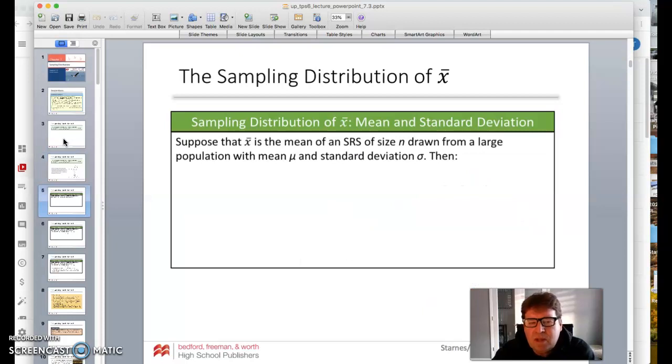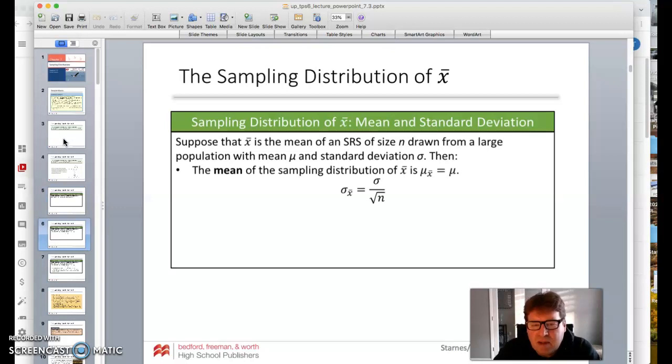So suppose that x bar is the mean of a simple random sample of size n, drawn from a large population with a mean mu and standard deviation sigma. Then the mean of x bar is the same as the mean of the population, but the standard deviation is the population standard deviation divided by the square root of the sample size. So remember, write those formulas down, have those handy.